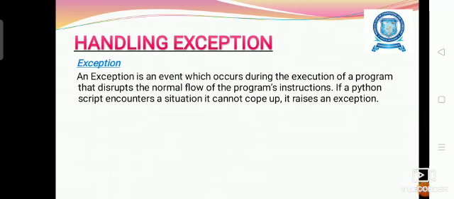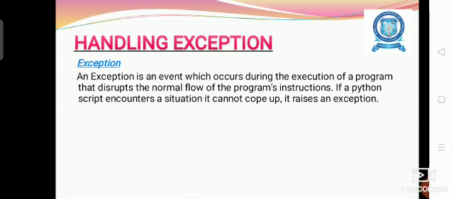Now let us see what is meant by an exception. An exception is an event which occurs during the execution of the program that disturbs the normal flow of the program's execution. Normally, an exception is simply an error that can arise during execution because of some mistakes in the program.